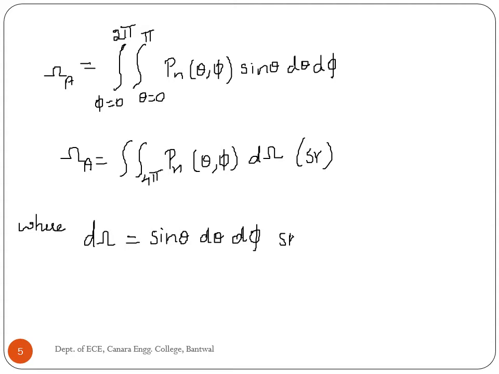The beam area of an antenna can often be described approximately in terms of the angles subtended by the half power points of the main lobe in the two principal planes.